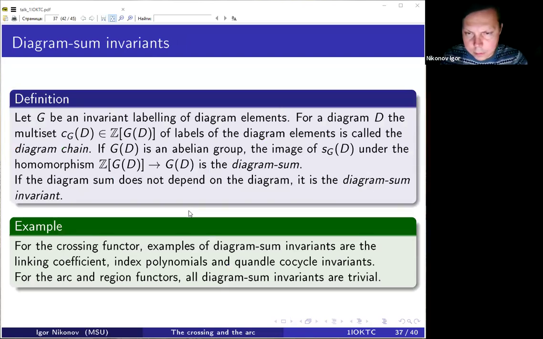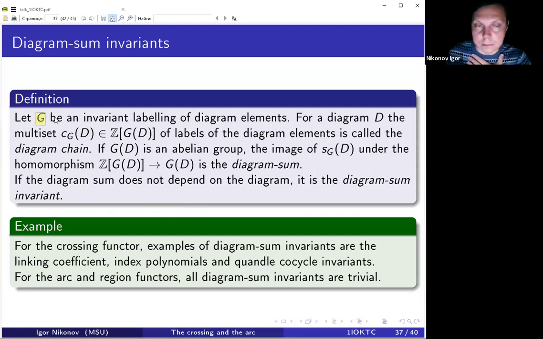And at the end, I say some words about how one can construct invariants using these sets of universal probes, universal invariants. So if we have an invariant label of some diagram elements, for example, crossing with value in G, then if we have a diagram, we have the set of all crossings, and take the values in G for all the crossings.